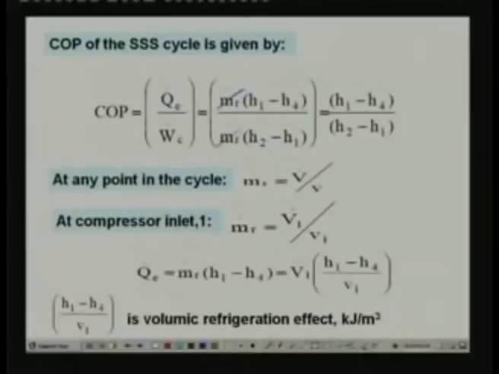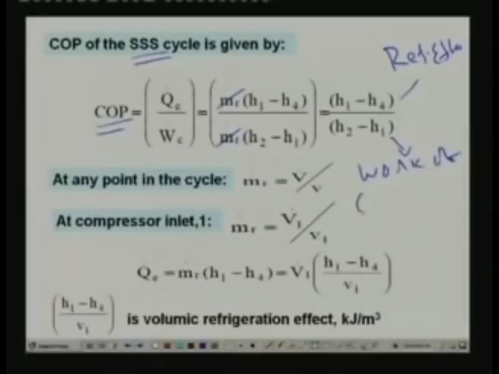If m dot R gets cancelled, finally you find that COP of the standard saturated cycle is given by H1 minus H4 divided by H2 minus H1, where H1 minus H4 is nothing but your refrigeration effect, and H2 minus H1 is nothing but your work of compression. So finally COP is expressed in terms of enthalpies only.